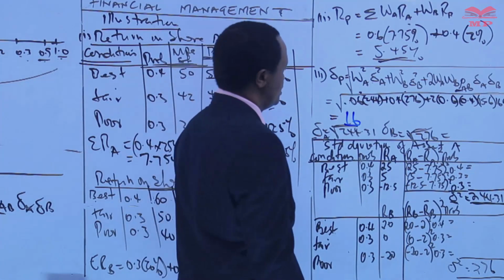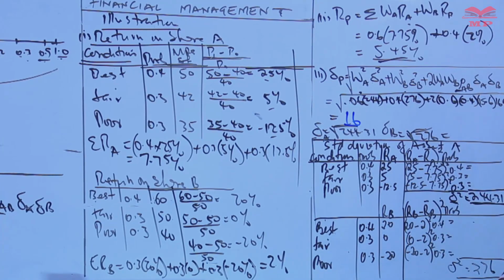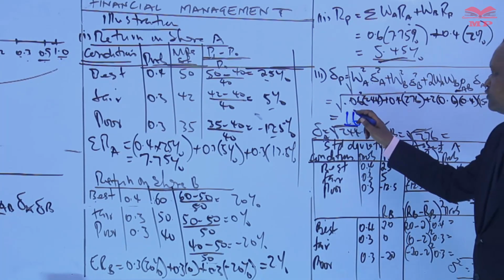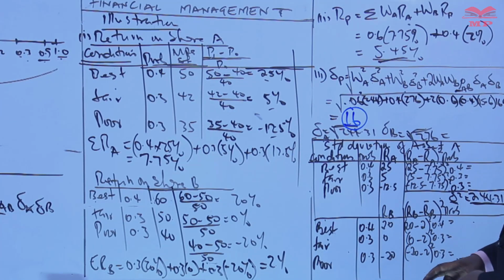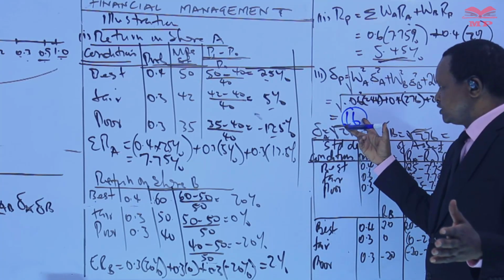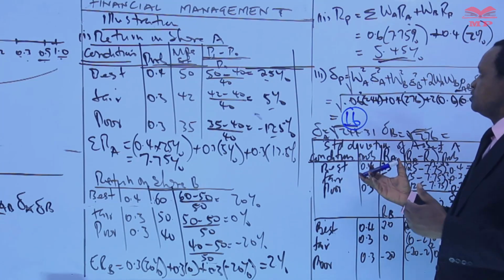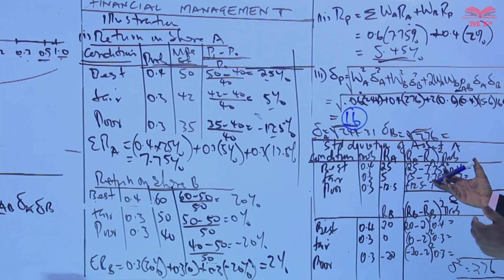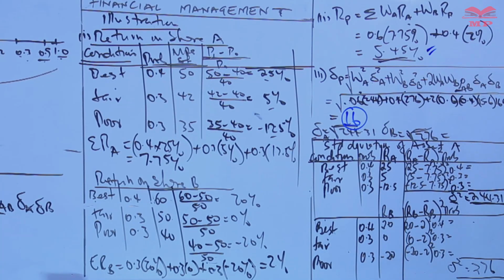Now, a standard deviation, a portfolio risk of 16, what does that mean? That means that the returns of this portfolio can fluctuate by 16% from the mean, which is the expected return of the portfolio of 5.45%.